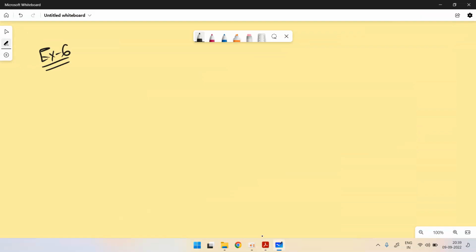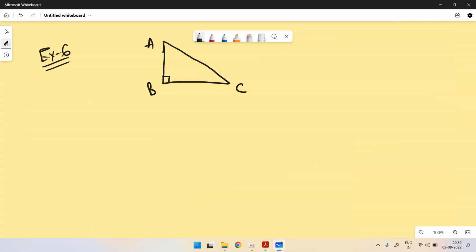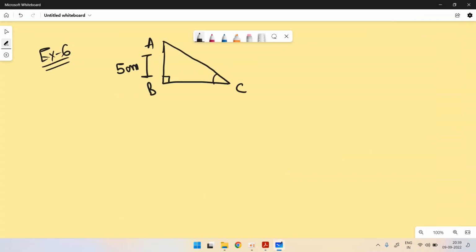Angle ABC, right angle at B, that is this angle 90 degree, and AB is 5 centimeter. This length is given to be 5 centimeters, and angle ACB is 30 degree. This is given in the question.